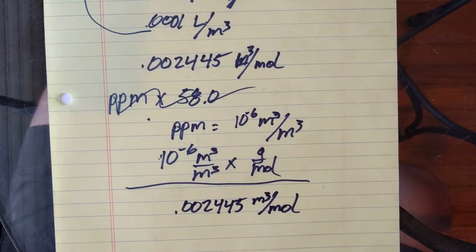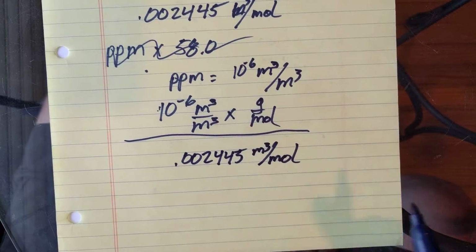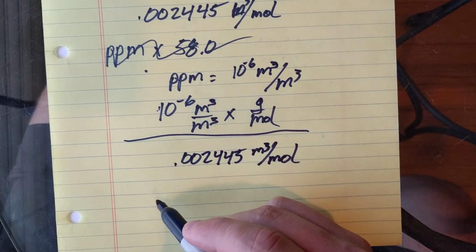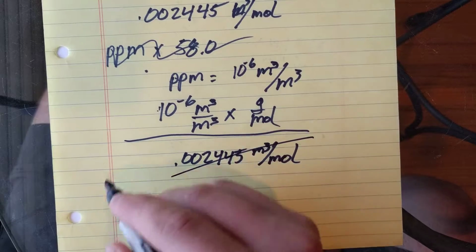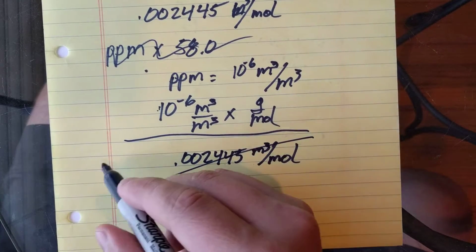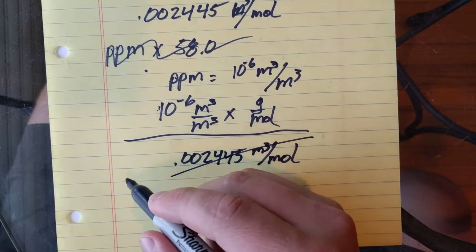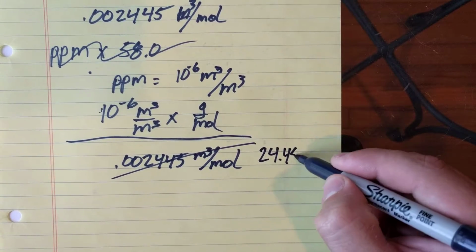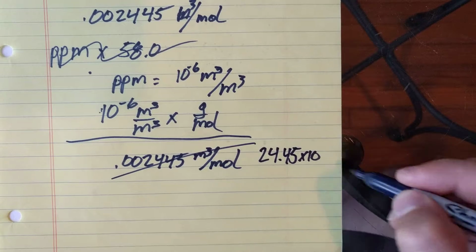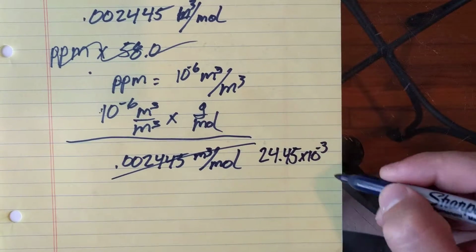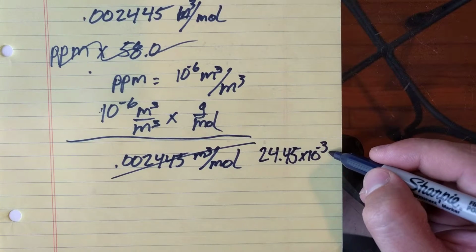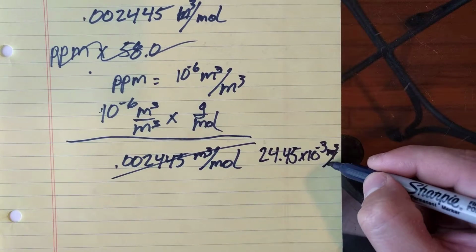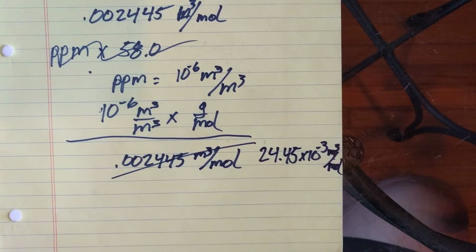But we can rewrite that as 24.45 times 10 to the negative 3 meters cubed per mole, right?